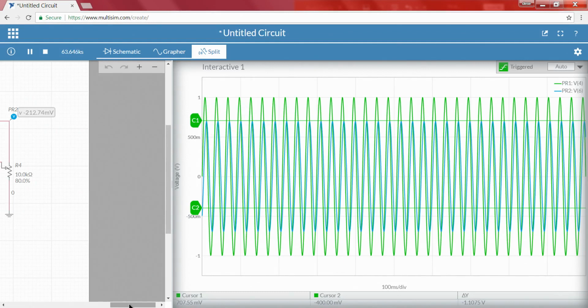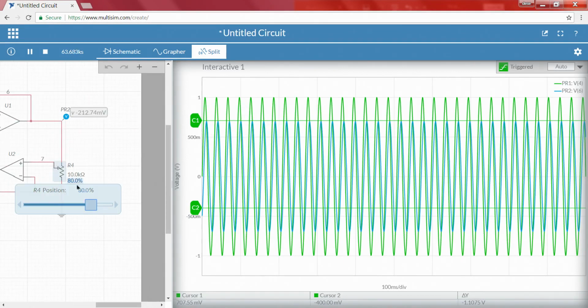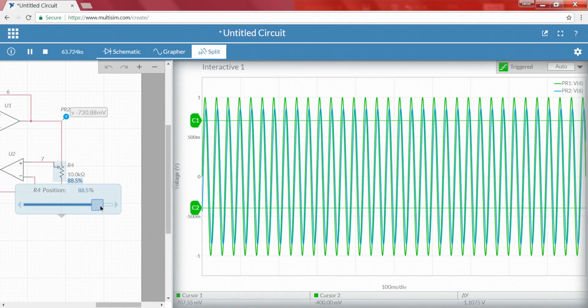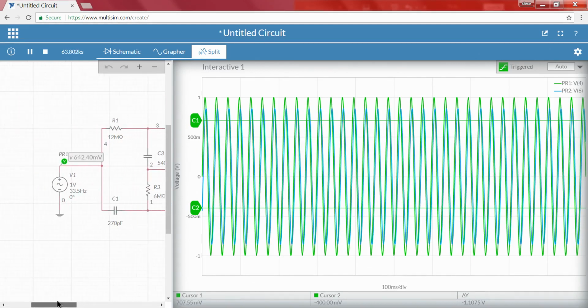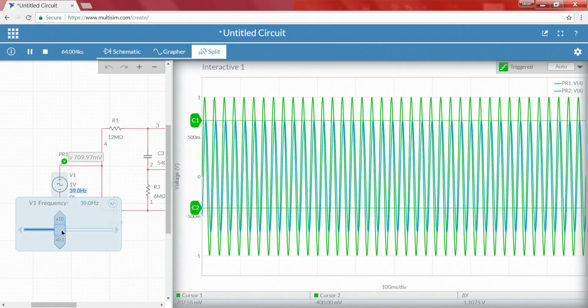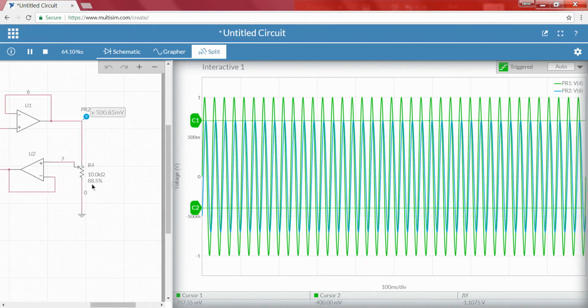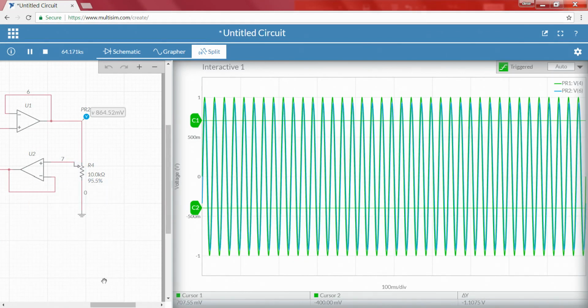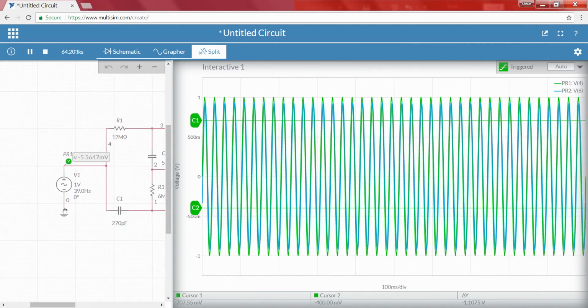So, what if I increase it? Till that particular frequency, 39, now it has increased to 39. So, that means we can see at what frequency we require to have the proper cutoff.